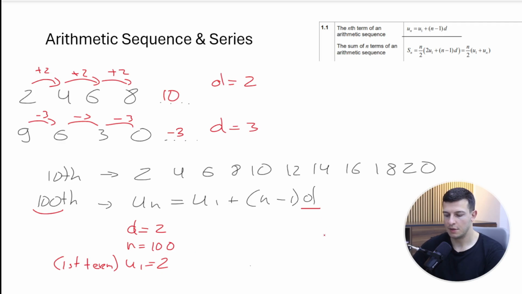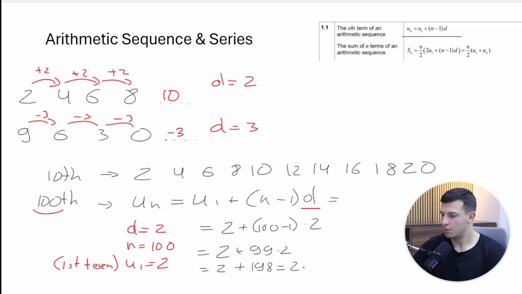Okay, so that means we can now finalize this calculation. So that's going to be equal to 2 plus (100 minus 1) times the difference, which is 2. And that's going to be equal to 2 plus 99 times 2. And that's going to be 2 plus 198, right?